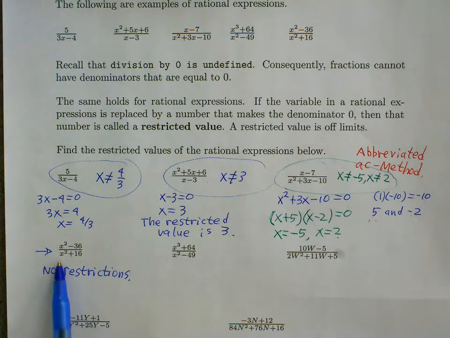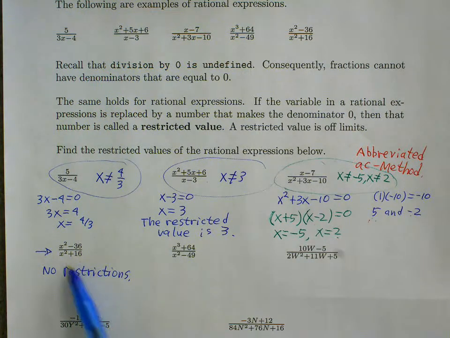If you let x be any negative number, so everything from negative infinity up to 0, but excluding 0, if you square a negative number, you get a positive number, and a positive number plus 16 is positive. So there's no negative number that makes the denominator 0. And then the final number to test is when x is 0 itself. 0 to the second plus 16 equals 16. So 0 doesn't make the denominator 0. So we say there are no restrictions.